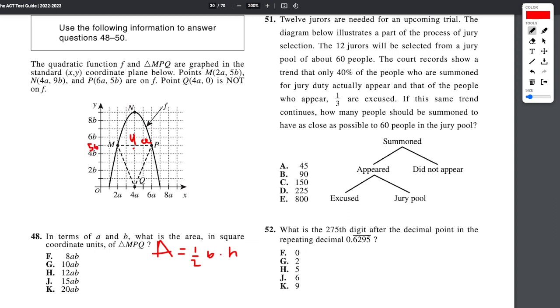So you can count 1, 2, 3, 4, 5. So it's 1/2 times 4a times 5b. So that's 10ab. It's G. Okay.